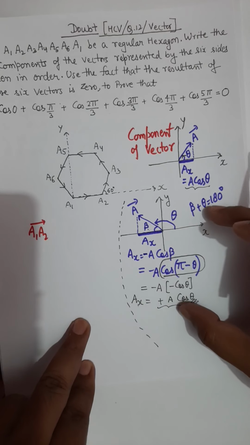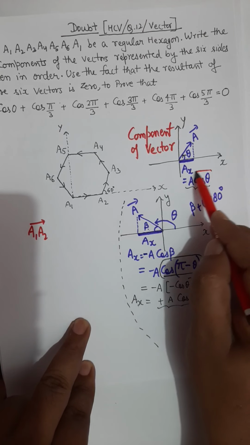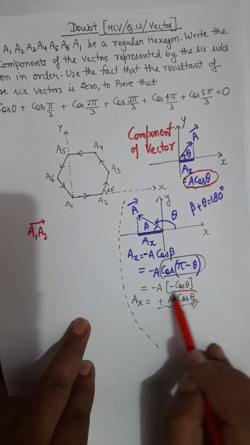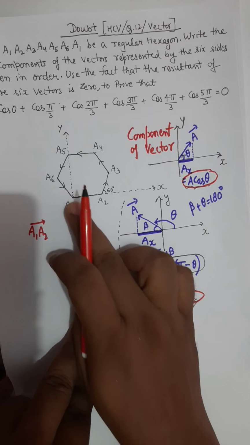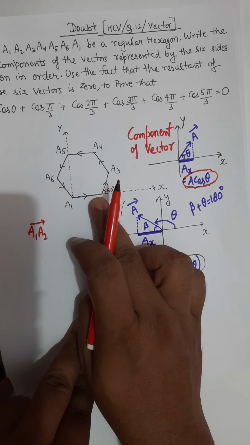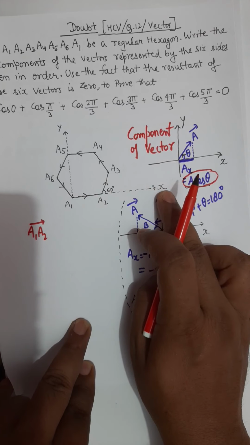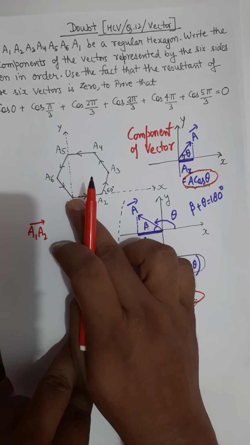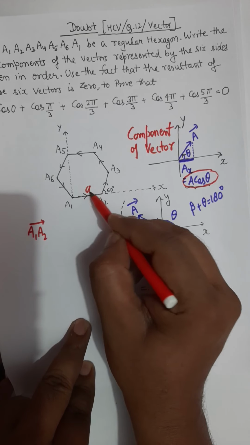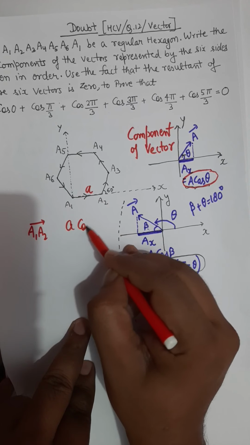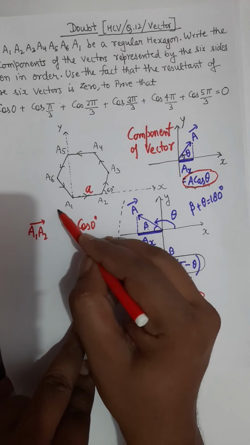Please notice this concept, that the x component of any vector can be written as a cos theta, provided this angle theta is measured between the vector and the positive side of the x-axis. Vector A1A2 makes a 0 degree angle with the positive side of the x-axis. Therefore the x component of A1A2 will be its length, let's say small a, into cosine of 0 degrees.